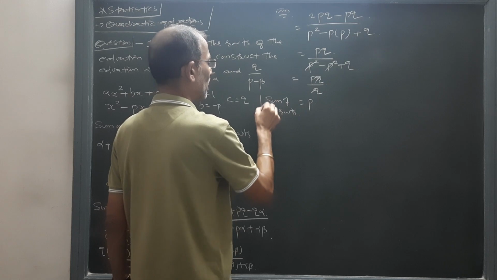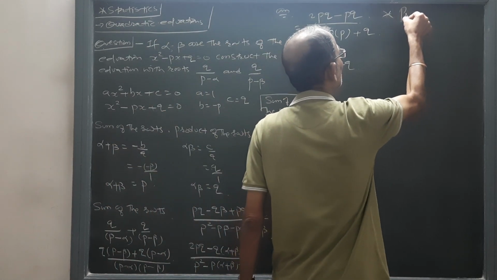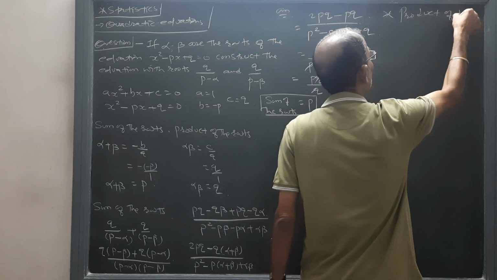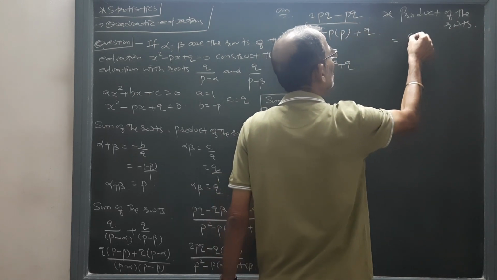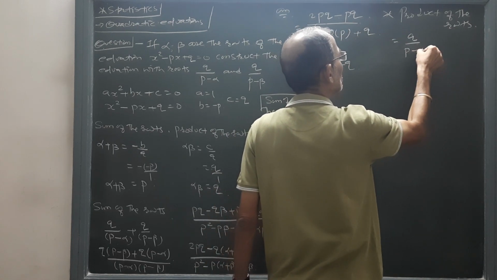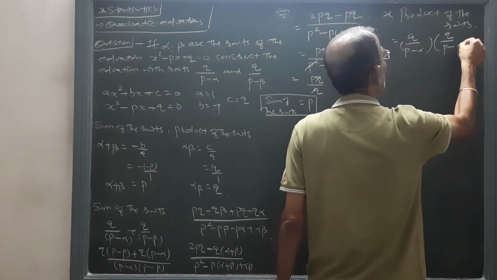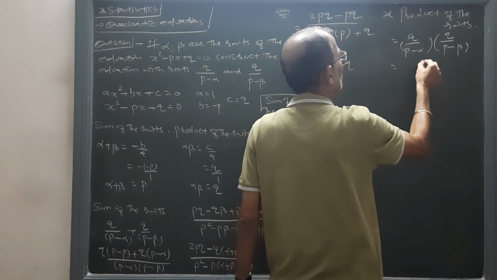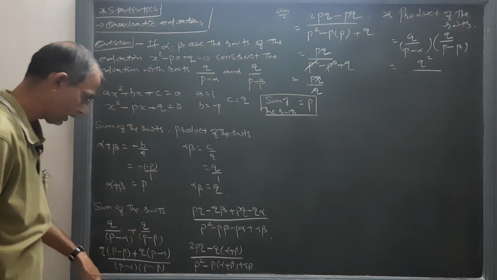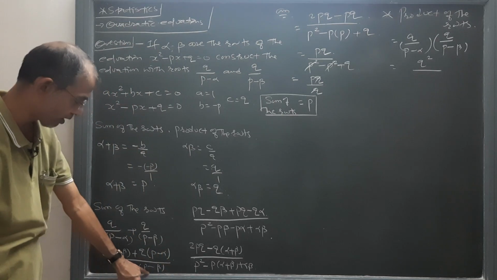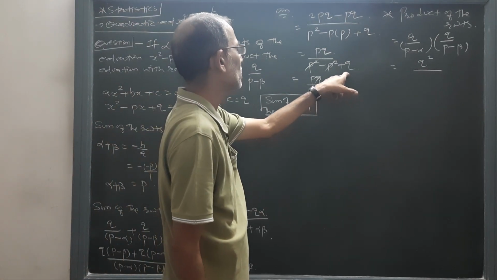That is the equation which we have to construct. Now the product of the roots will be q upon p minus alpha into q upon p minus beta. So this will become q square, and you can see that at the denominator it was p minus alpha and p minus beta, and the value for that at last was q.